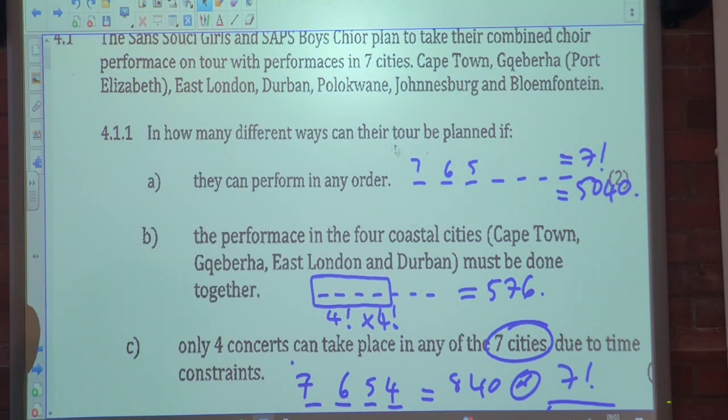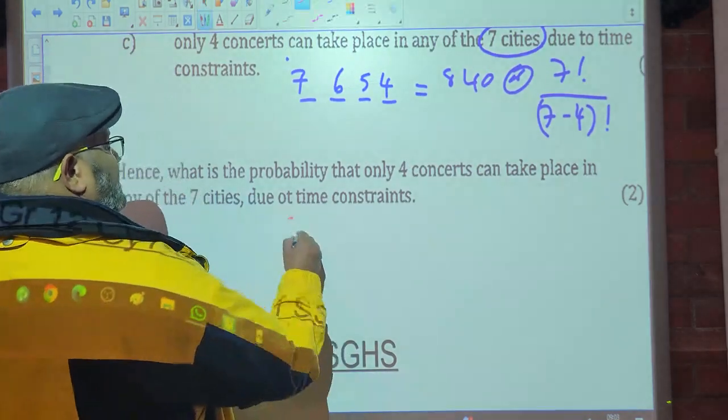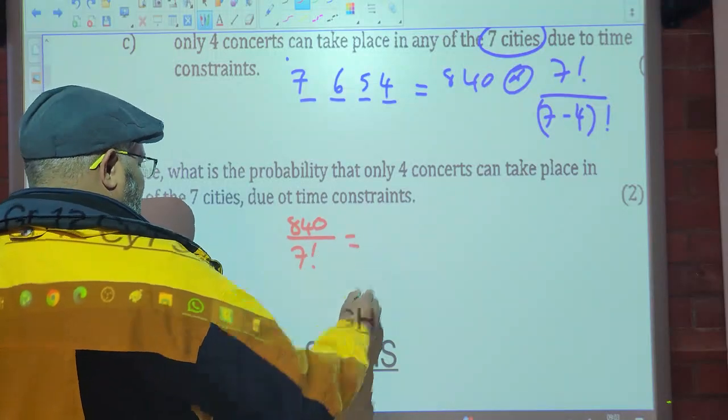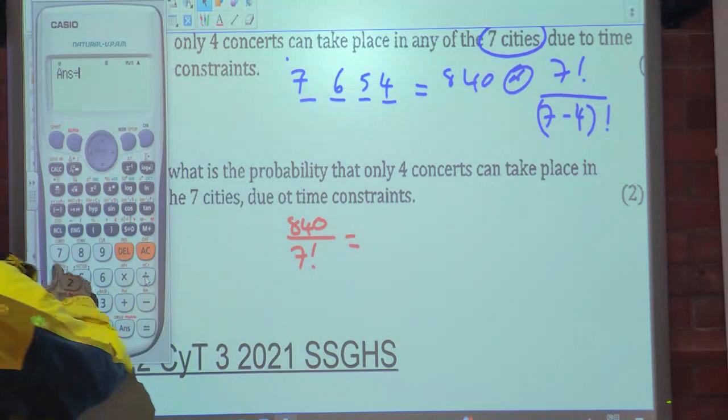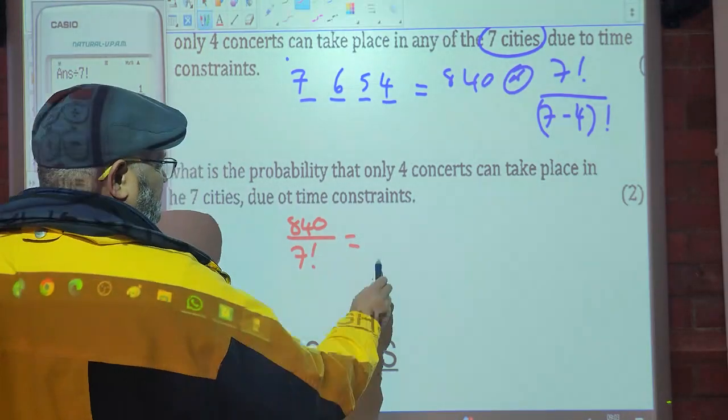So it's going to be 840 divided by 7 factorial. It's 1 over 6. Is that correct?